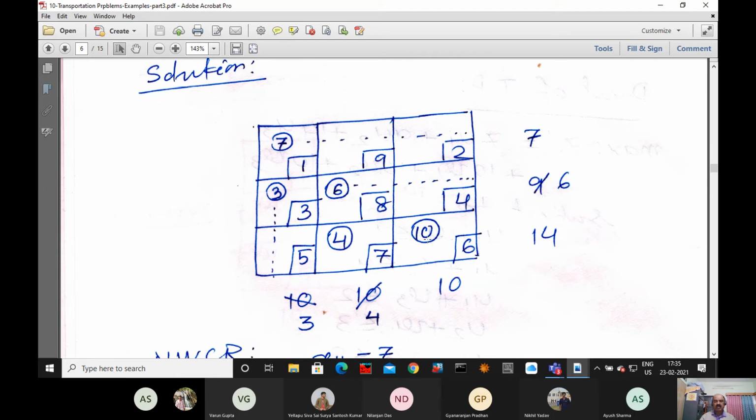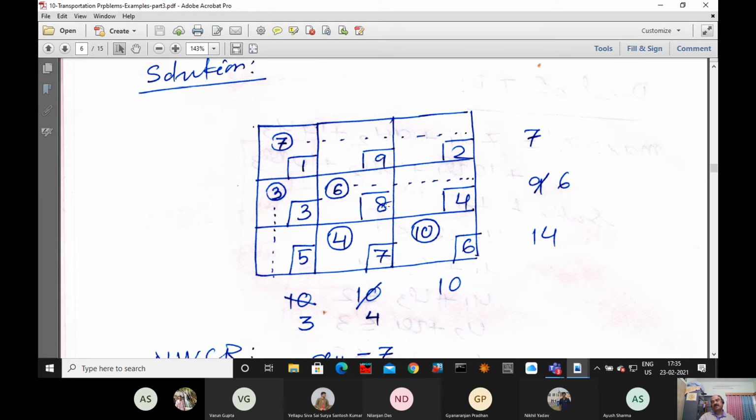What is the value of the auxiliary function? We'll calculate in this manner. 7 into 1, 7. 3 into 3, 9. 9 plus 7, 16. 6 into 8, 48. 16 plus 48, how much? 64.